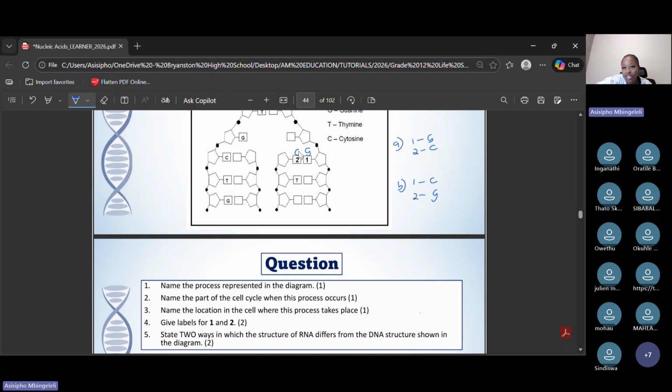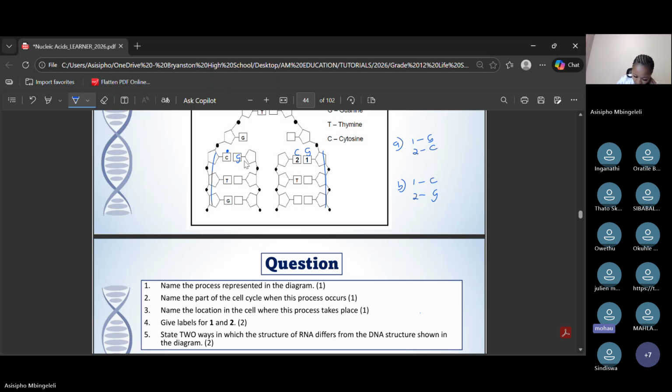So Mohau, what made you change your mind? Okay, this is DNA replication, right? And the original strand on the left hand side is written CTG, and we know cytosine's base pair is guanine.